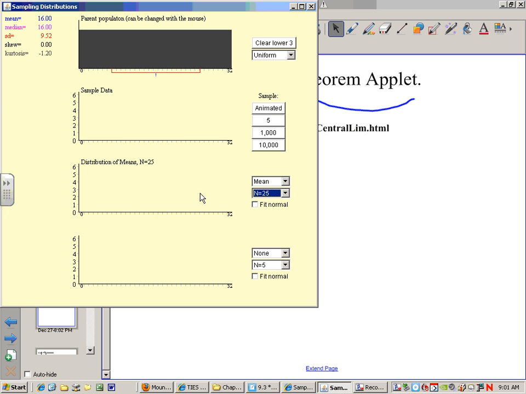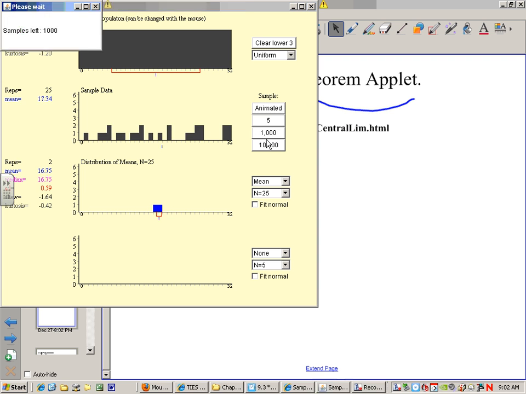Now if we do 25, if I animate this, I'm going to take 25 data pieces from this, and then plot the mean. If I do another 25, plot the mean again. So those were really close.